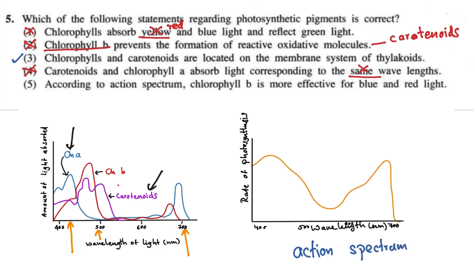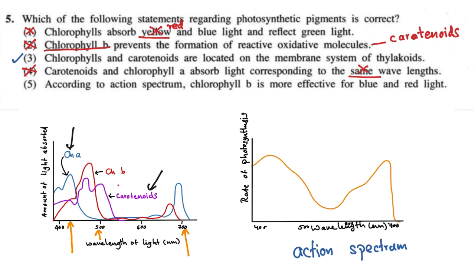In the action spectrum, the y-axis is the rate of photosynthesis and the x-axis is the wavelength. So it gives the rate of photosynthesis at different wavelengths. So we can see the rate of photosynthesis is higher around 450 nanometers, between 400 to 500 nanometers, and around 700 nanometers. So it gives the rate of photosynthesis.